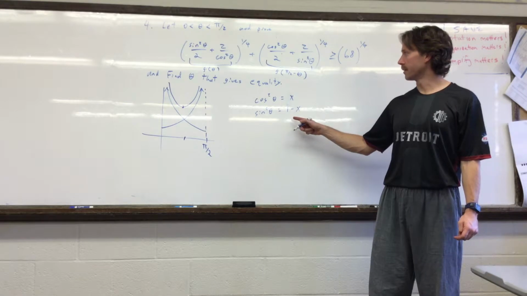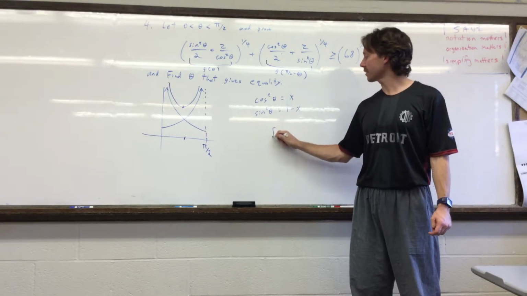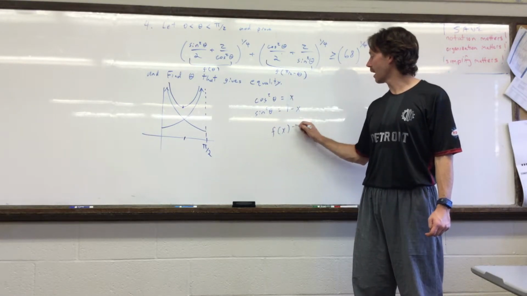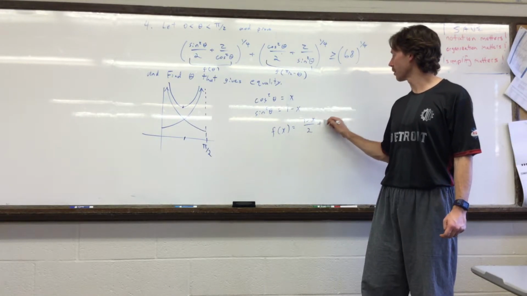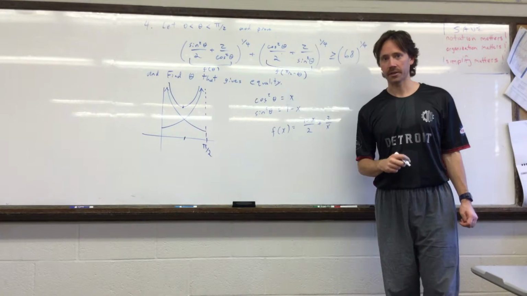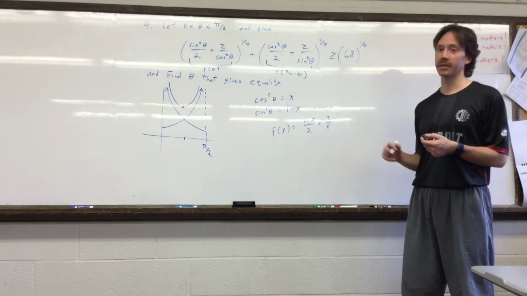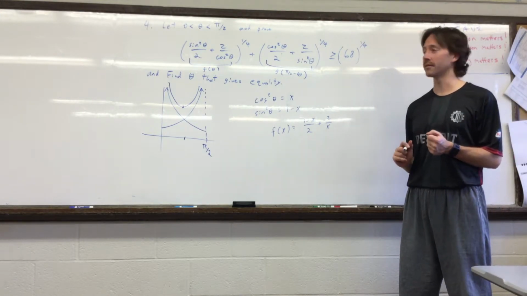Okay, and then f of x instead of f of theta, f of x is just going to be (1 minus x) over 2 plus 2 over x. So it's going to be a little bit easier to deal with this rational function instead of a trig function.